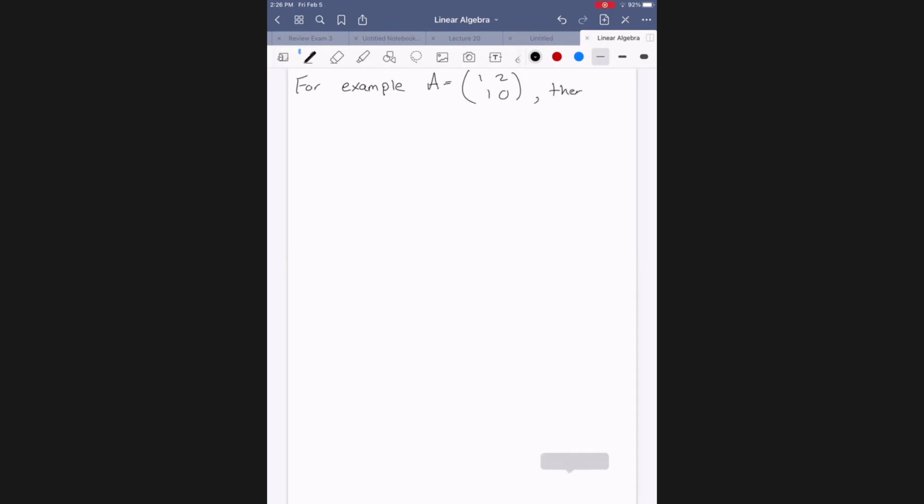Then an LU factorization is, you can break [1, 2; 1, 0] up into [1, 0; 1, 1] times [1, 2; 0, -2]. So you see how this one's lower triangular, the other one's upper. So this one is the L and this is the U.